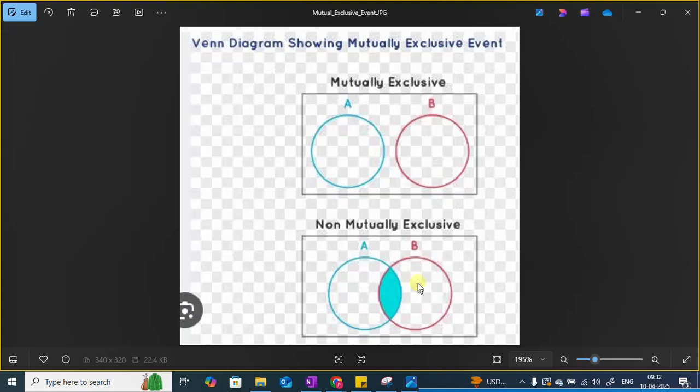If there is a common area between them, that means dependent, not independent. That means non-mutual exclusive. So I'm talking about this mutual exclusive. In this case, A intersection B is equal to phi. Why? Because there is no common element between them. But in this case, A intersection B is not phi because there is a certain common element between them. Clear, guys? This is mutual exclusive. This is non-mutual exclusive. Okay.